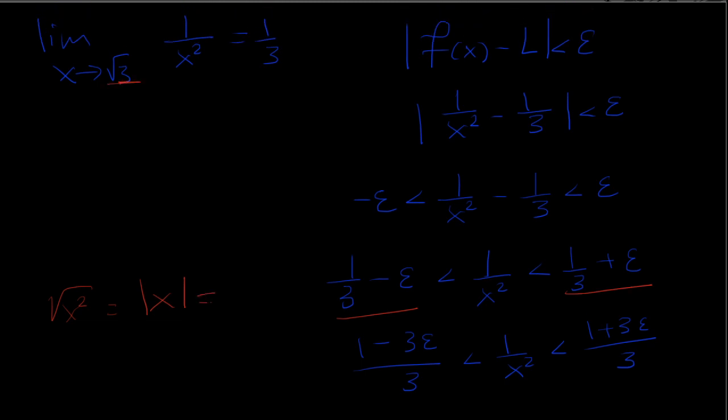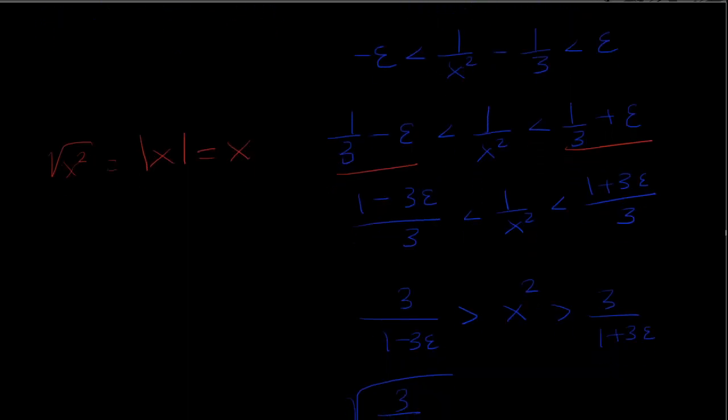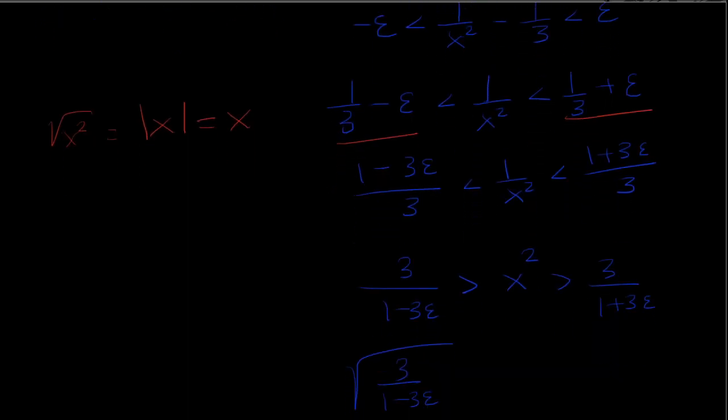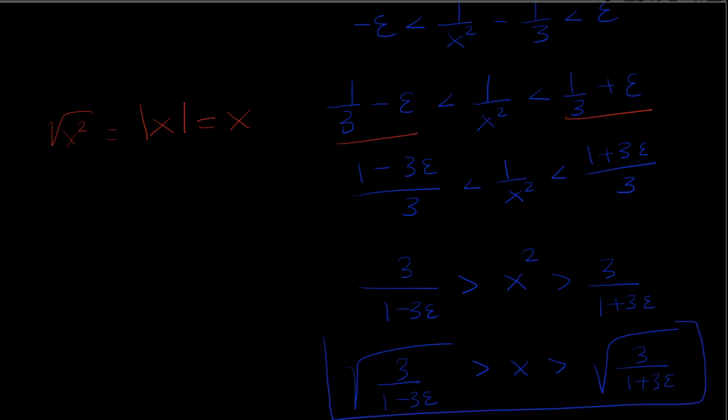So we can just get rid of the absolute values and leave it as x, since root 3 is positive. So we can just say it's x greater than square root 3 over 1 plus 3 epsilon. And that's our first inequality for x.